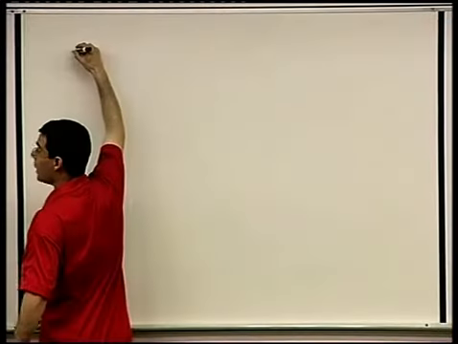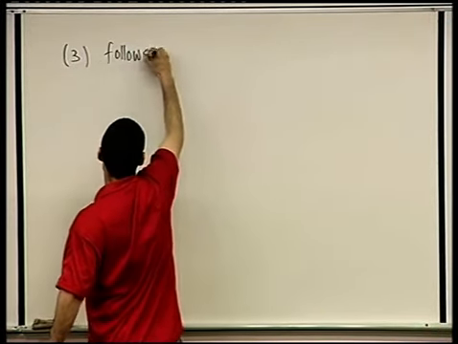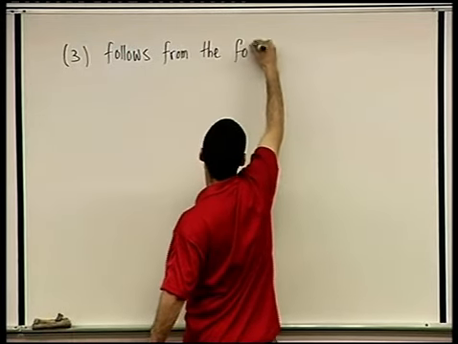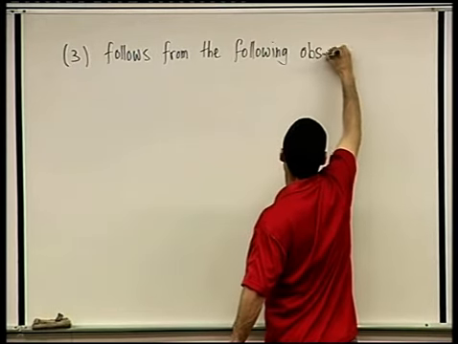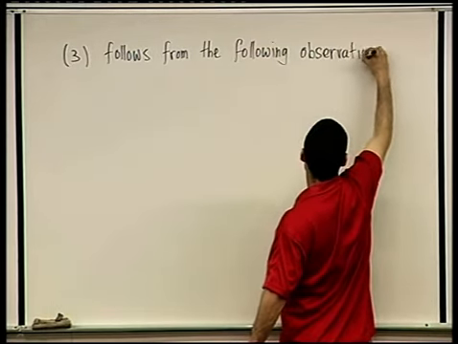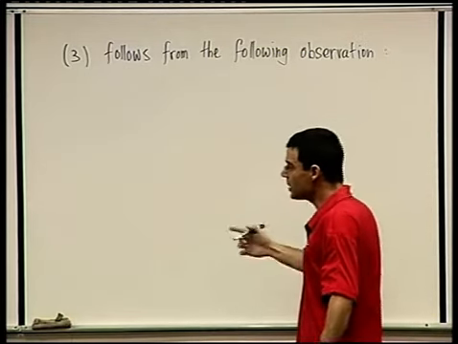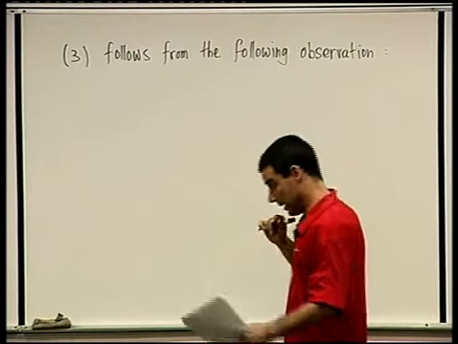So 3 follows from the following observation. And the observation is the geometric meaning of the triple product.